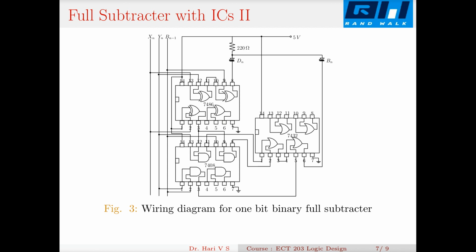Here you can give the other input, I give my X, so that this output is my X complement. This output at pin 3 is my X complement. This X complement is ANDed here with yn. This X complement is ANDed with my bn minus 1. So these AND outputs are then ORed.